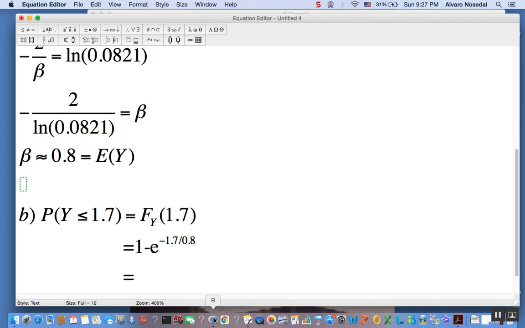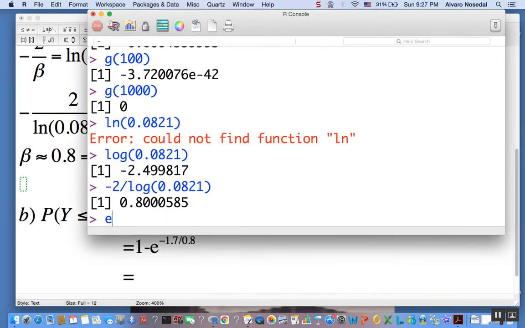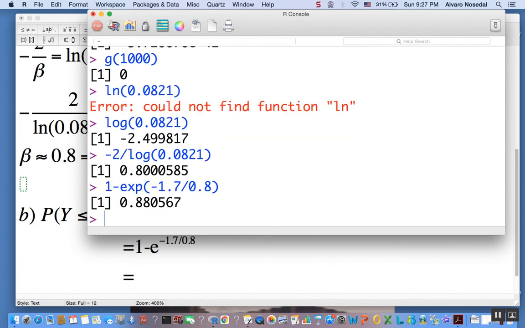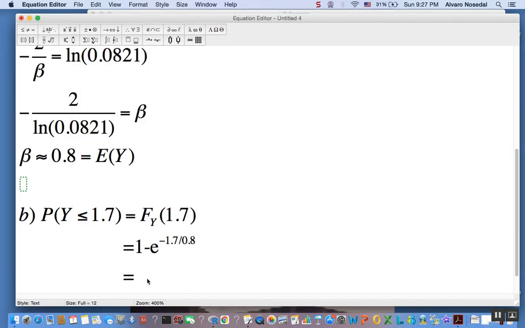It would be just exp of negative 1.7 divided by 0.8. But that's not exactly what we want. We want 1 minus that, right? So that is roughly 88.05%. Okay. So that's the probability.